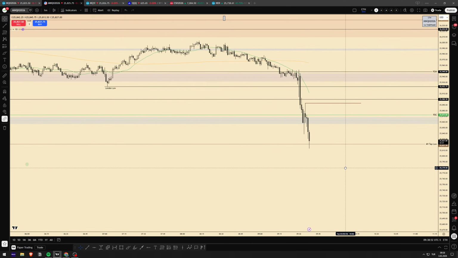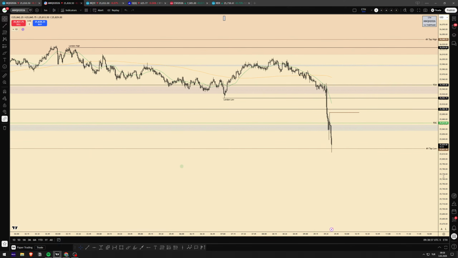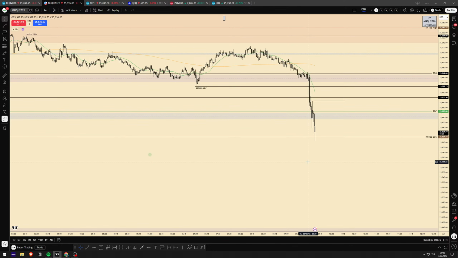So currently, I don't have a strong bias. Most of the sessions, I don't have a really strong bias at the opening of the session, because I try to understand what price is doing. Where is it going?